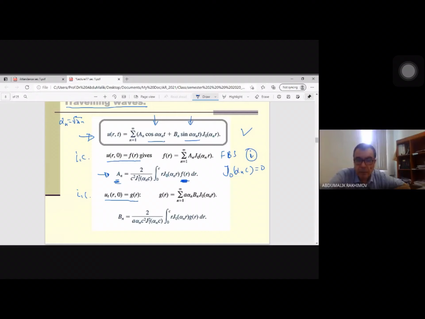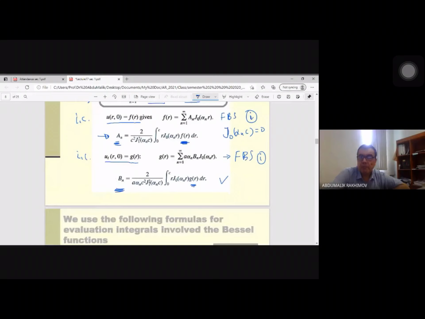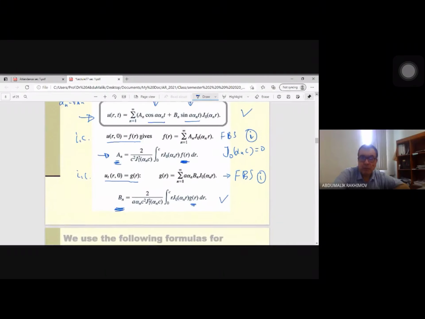Then you will get formulas. This is also again a Fourier-Bessel series, again case I. Then you will get this formula for the B coefficients, and we notice that all B coefficients we can find through the g function. So what do we conclude from these two formulas? We have a solution, right? If f(r) is 0, then all A coefficients are 0.